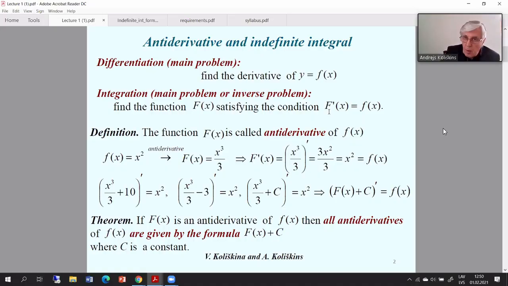So, in fact, this simple analysis with our example of the function x squared shows that there are infinitely many antiderivatives for the given function, and all these functions are different apart from an arbitrary constant.